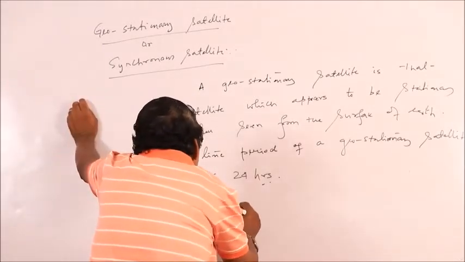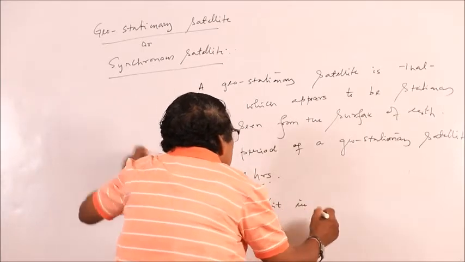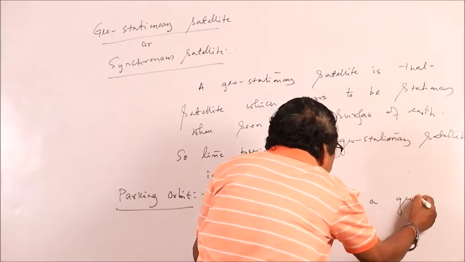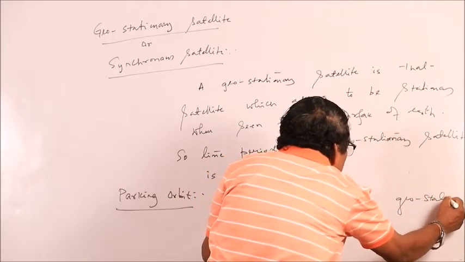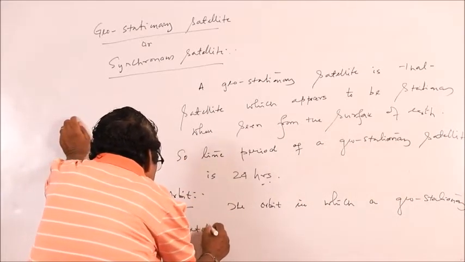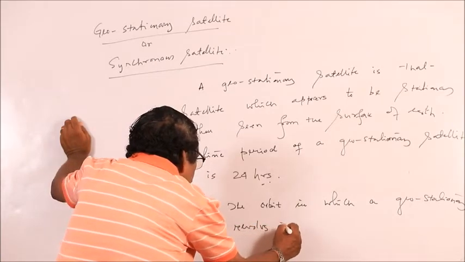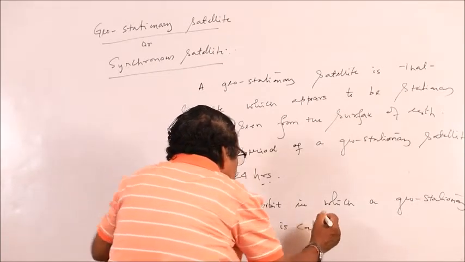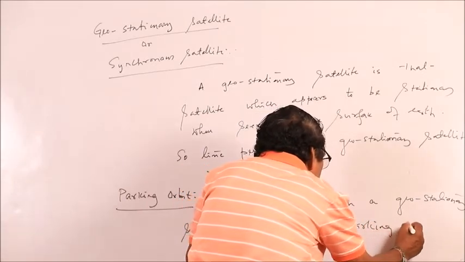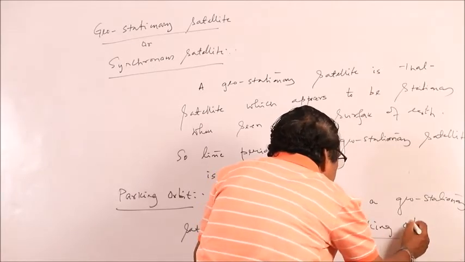The orbit in which a geostationary satellite revolves is called parking orbit. Why is it called parking orbit?